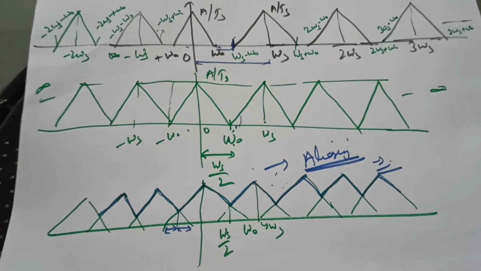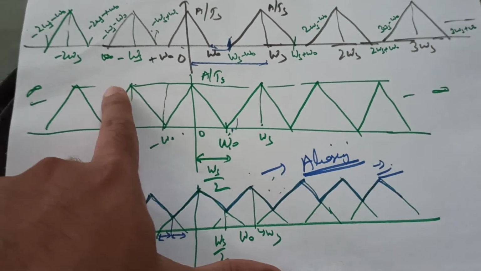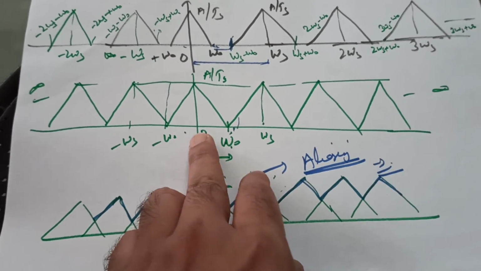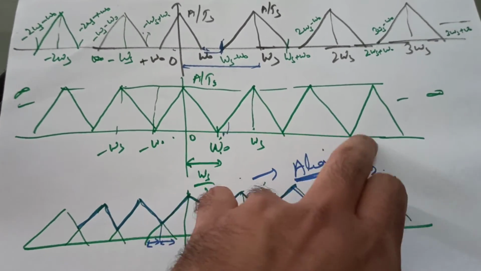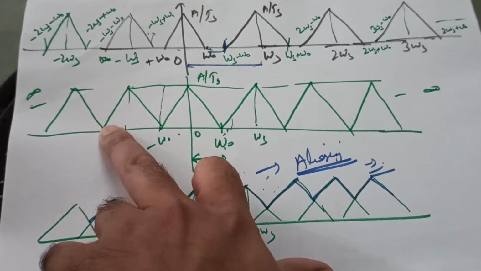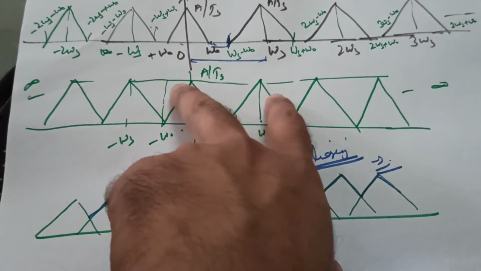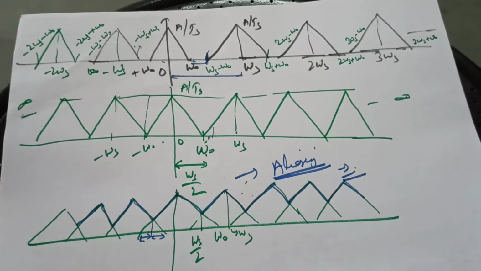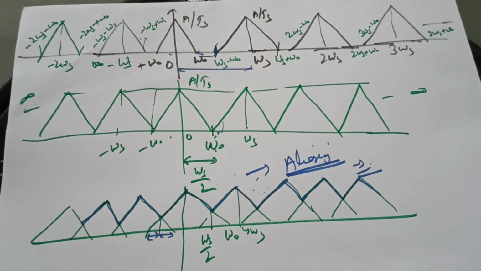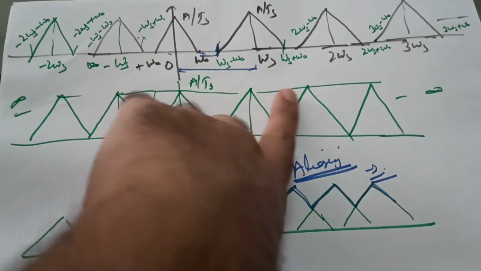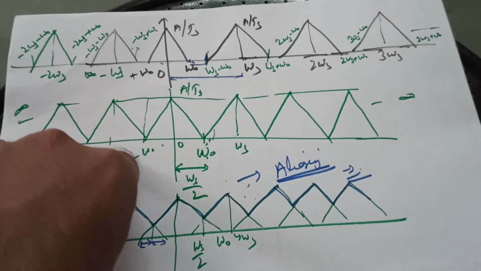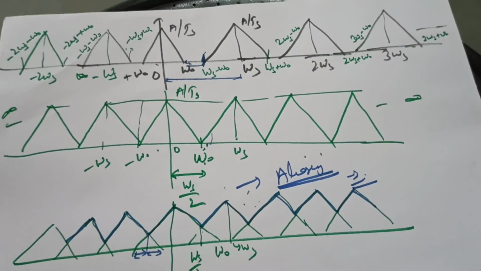One more thing that can be drawn, that when this function is passed through the filter, then the amplitude of the filter will get multiplied by this amplitude, and in totality we can say that the truncation will be happening, that this whole signal will get truncated.